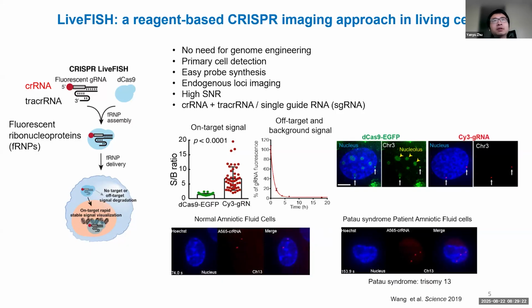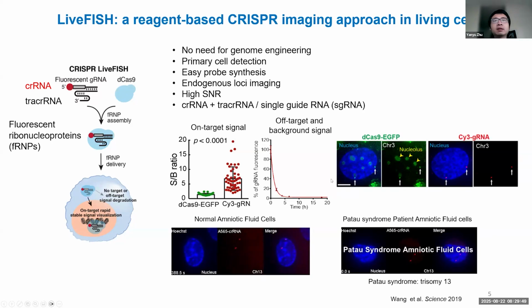There are several advantages of this method compared to traditional methods. First, there is no genome engineering, so it allows detection of primary cell DNA dynamics. For example, here we use it to detect chromosome copy number in normal cells, which show 2 chromosome copies, and in cells derived from patients, which have 3 copies of chromosome 13.